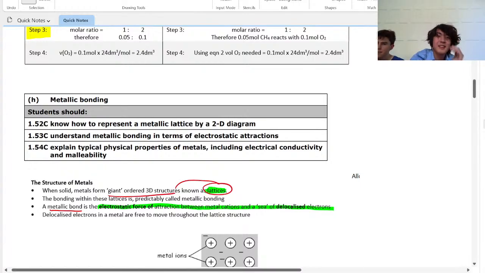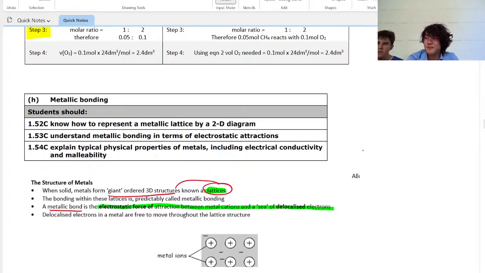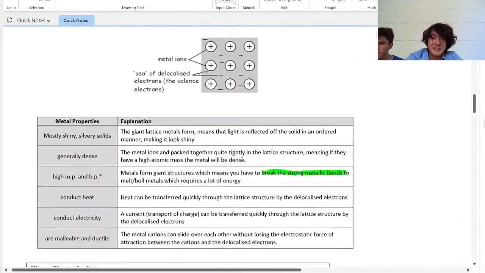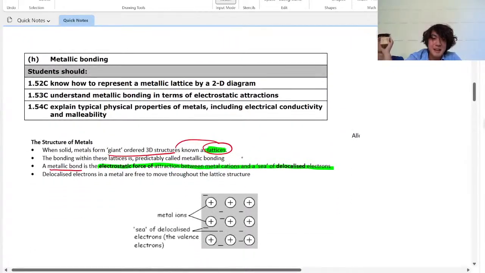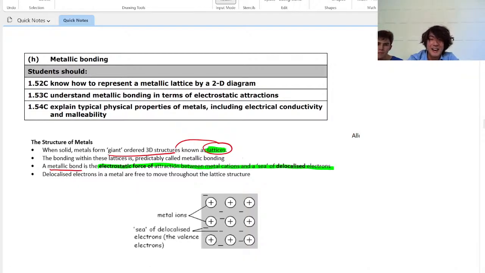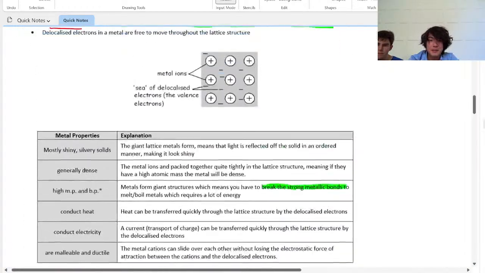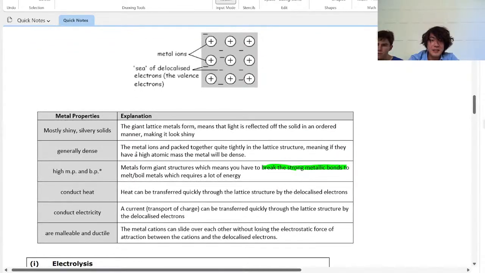Right. Your screen. Metallic bonding. So, what is metallic bonding? Metallic bonding is the electrostatic force between metal cations and a sea of delocalized electrons. Okay, I've got that question at least 10 times in the past papers, so remember that.